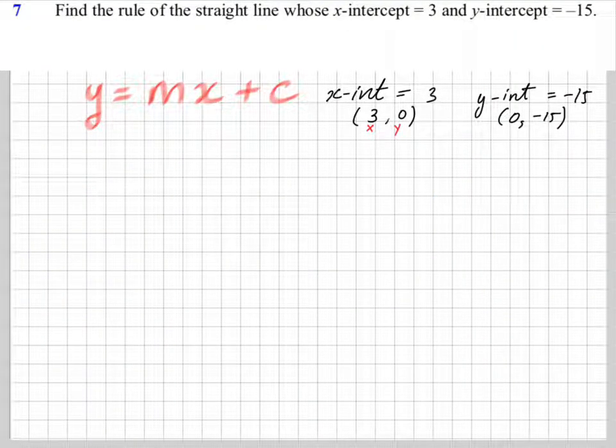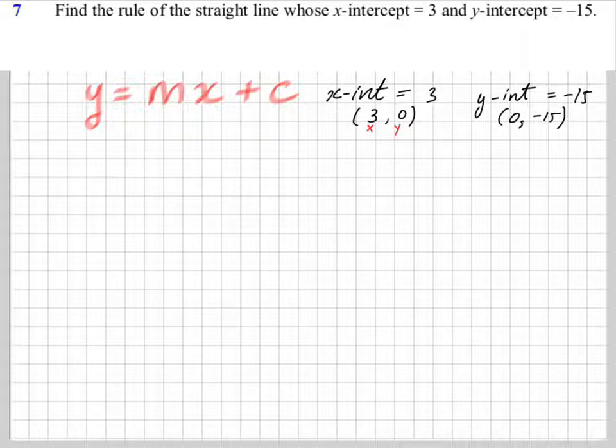It says find the rule of the straight line whose x-intercept is equal to 3 and y-intercept is equal to negative 15. So now, when we're doing this, I'd like to list the pieces of information that we have in this question. So we have our x-intercept, but I also would like for you guys to give the coordinates of the x-intercept and the coordinates of the y-intercept. So in this situation, we have already been given our y-intercept, which is negative 15.